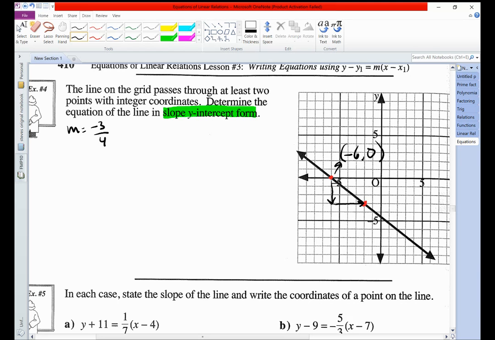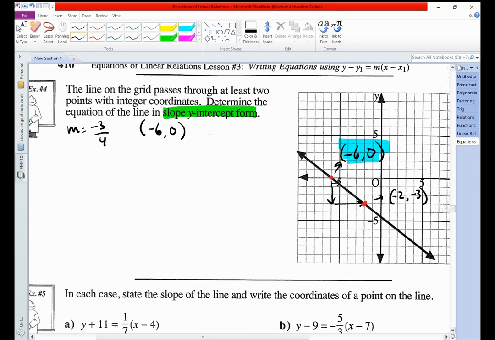And this one is negative 2, negative 3. If you use either of those, your answer is going to be correct. But it's actually easier to use this one because the y value is already 0, which makes things so much easier. So the point I'm going to use is negative 6, 0.